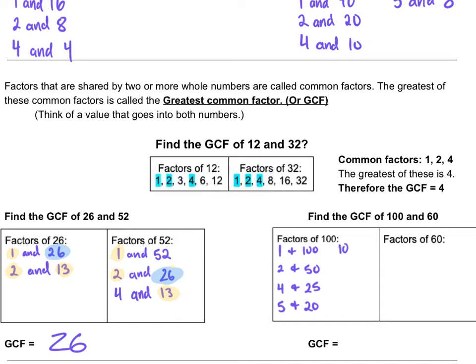But 10 does, so I could say 10 and 10. All right, and since these two match, 10 and 10, I know I've hit every possible outcome.